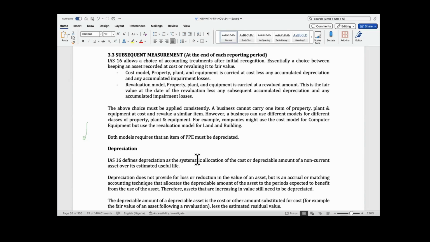Of course, when you print the GL or the breakdown of that item, you will see that, okay, in 2017 we bought it, in 2018 we incurred additional cost of this. That breakdown will be there, but it will have added to the cost. So that's how it would work usually.